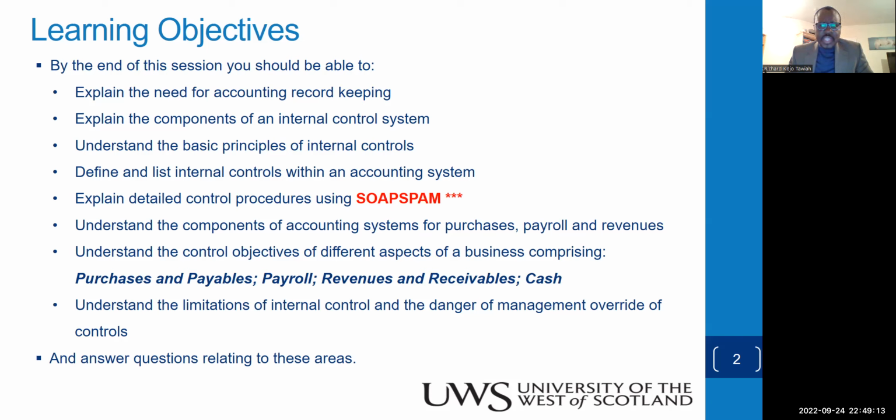What we want to do over here is to see how best we can pick some components of the SOAP/SPAM in testing these areas, the purchases and payables, revenues, and then receivables, payroll. Cash, we'll deal with cash in the second area, but we'll just touch on them, okay? So you should know this SOAP/SPAM. Like I said, you need to know them offhand. All right, so that is it.